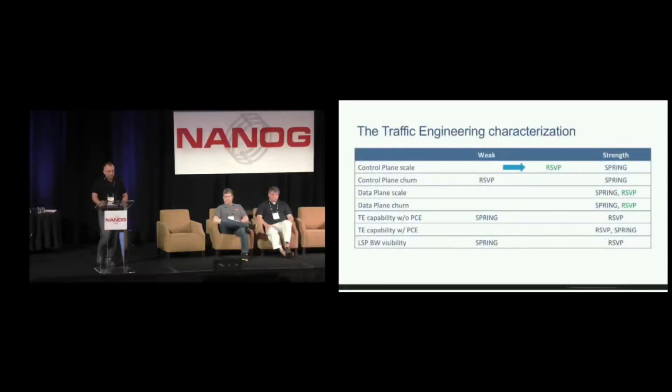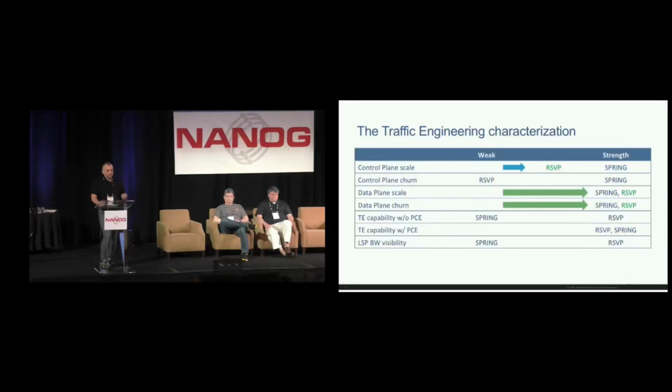So with that, when we look at this table which I showed you at the beginning, the first line, the control plane scale, we actually addressed it a couple of years back by doing some extensions to the RSVP protocol, with self-ping, with aggregation, refresh reduction, etc. It's not that bad.